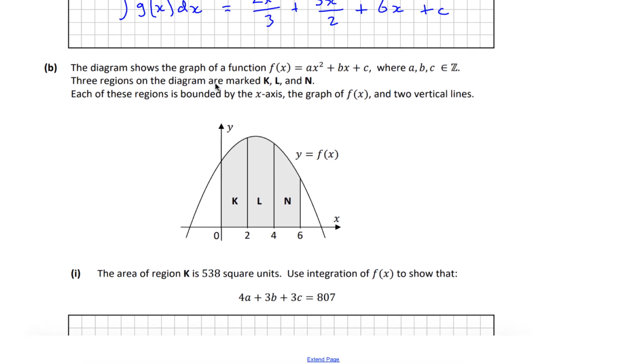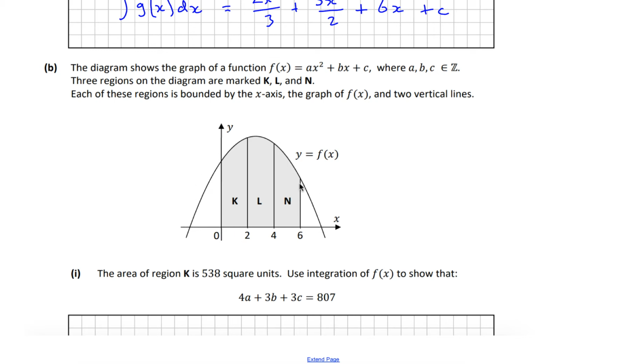Okay, part B. The diagram shows the graph of a function f of x is equal to ax squared plus bx plus c. So it's a quadratic function where a, b, and c are elements of the set of integers. 3 regions on the diagram are marked K, L, and N. You can see them here. Each of these regions is bounded by the x-axis and the graph of the function, and 2 vertical lines.